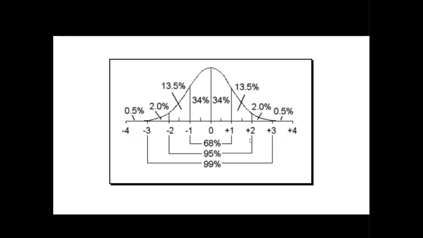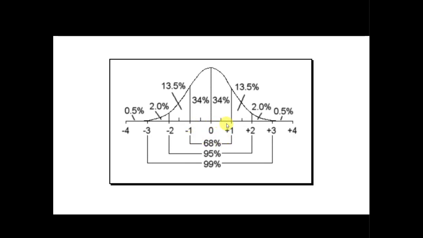68, 95, 99. So while these are common confidence intervals, they could be anything. But basically what they're showing, regardless of what it is, is the z-score before and after the mean or the population proportion that would create that interval.